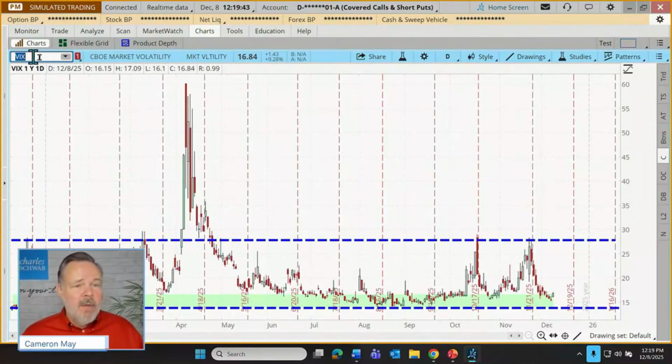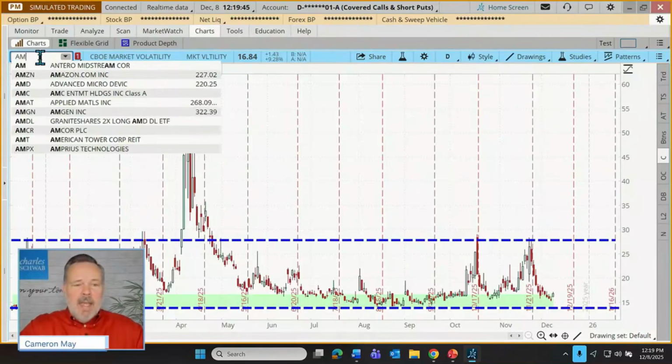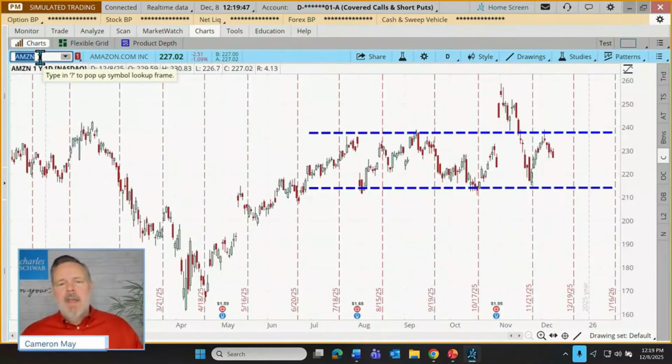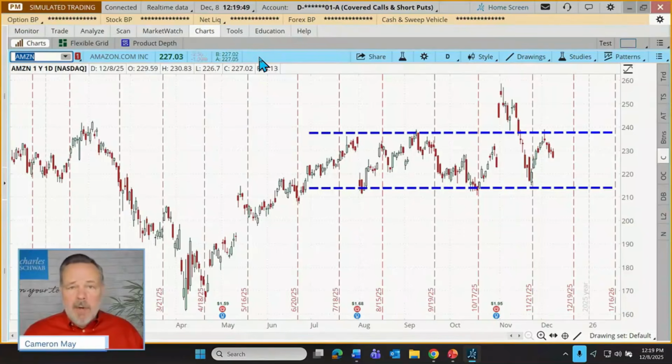So I'm going to use as our example trade today, Amazon. Amazon, great big huge company, one of the biggest companies out there. So one of the most liquid companies out there for the purposes of trading, whether we're talking about stocks or options. It's also a stock that's not really on the high end of those triple digits, $227.